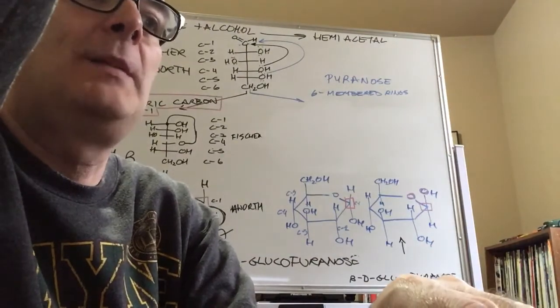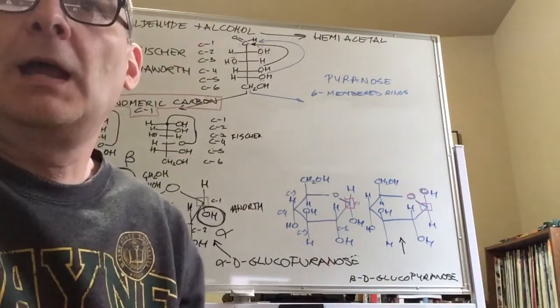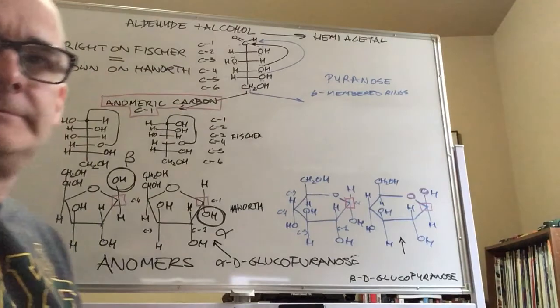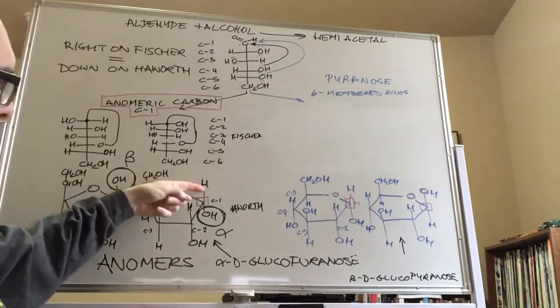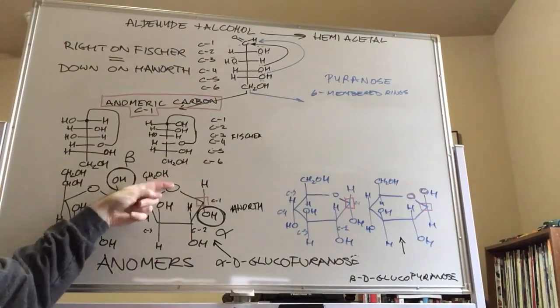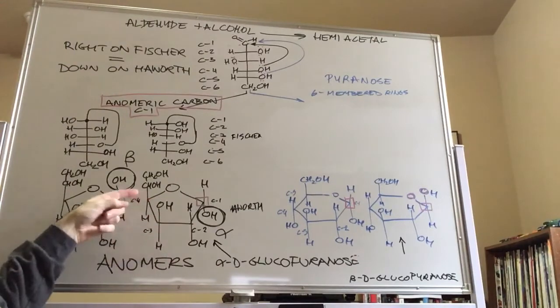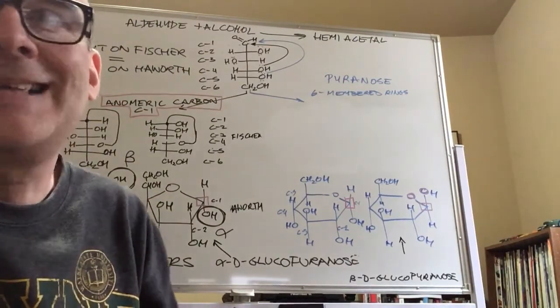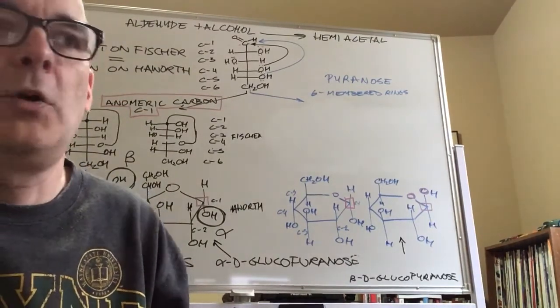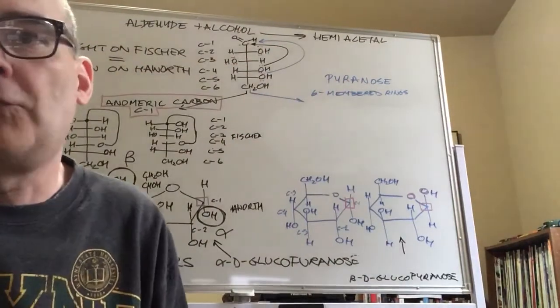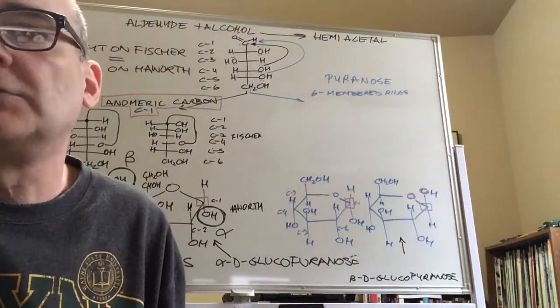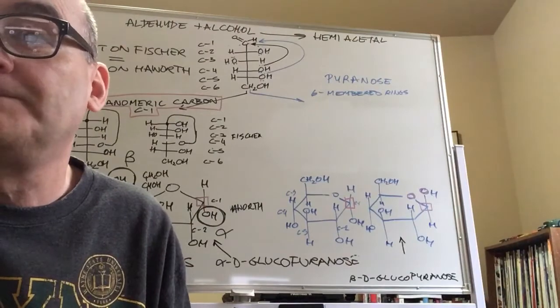So 5-membered rings are rigid. All of these groups of the 5-membered rings, those are all axial. They all point up or down from the ring because that ring is rigid.